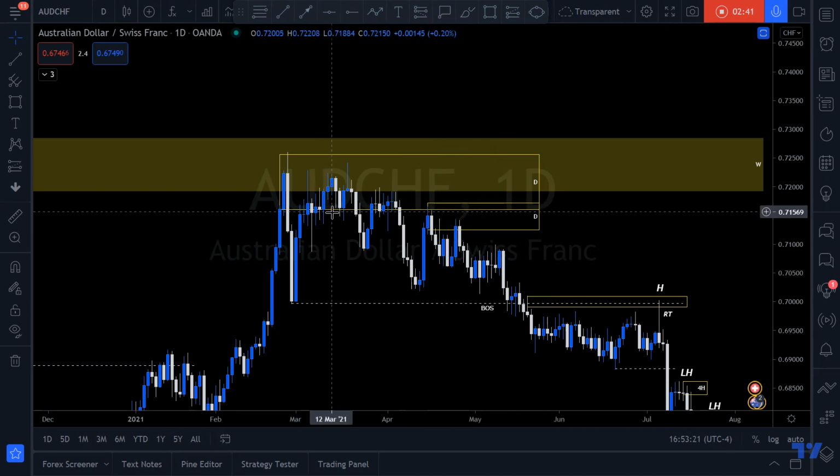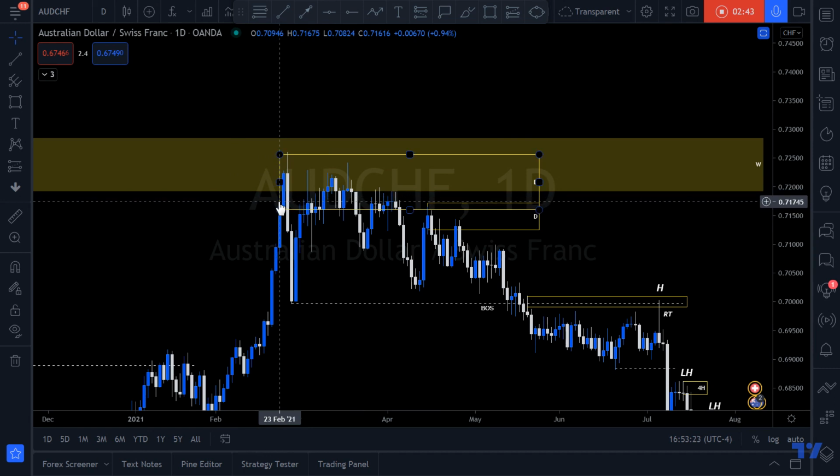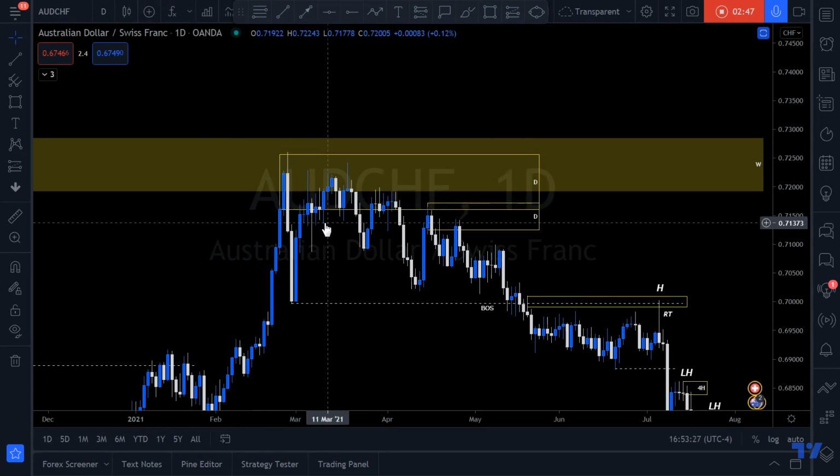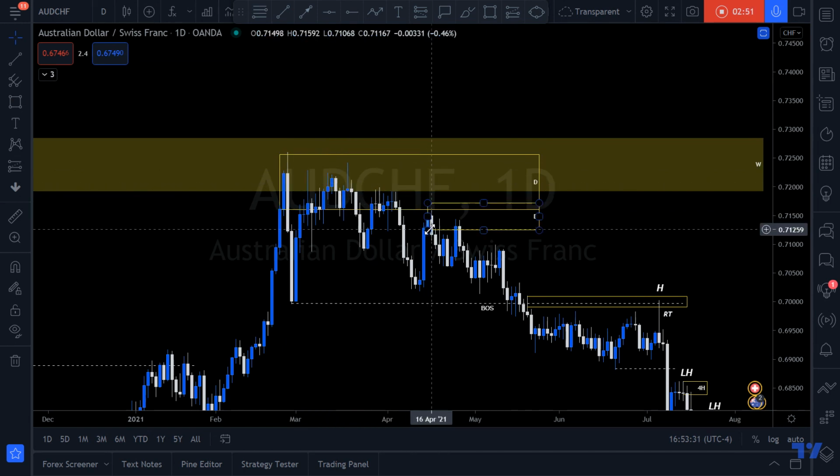That's what we want to see. We want to see bearish order blocks being formed on lower time frames and respected. And that gives us a clue as to where the momentum is. We have a bearish momentum and we want to see that bearish momentum maintained.